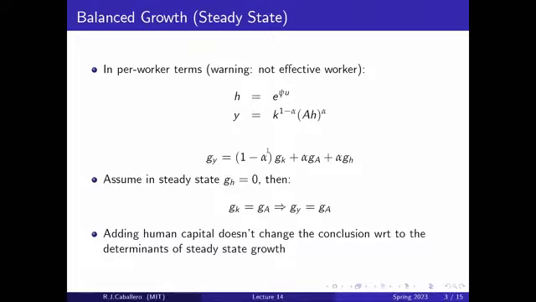Now, remember, I know that the rate of growth of output per person is equal to 1 minus alpha times the rate of growth of capital per person, plus alpha times the rate of growth of A, plus the rate of growth of h, in which h is this years of schooling transformation. Now, if you think about the steady state, it doesn't make any sense that g_h will be anything but 0 at some point.